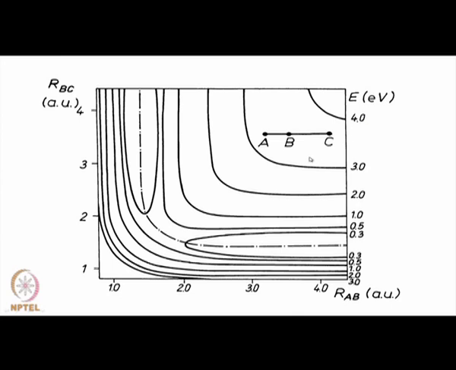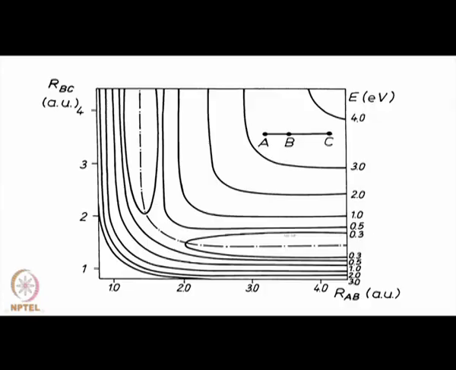So you join the equal energy points with lines to generate your contour, and this contour is a cross sectional view. This contour is called the potential energy surface.